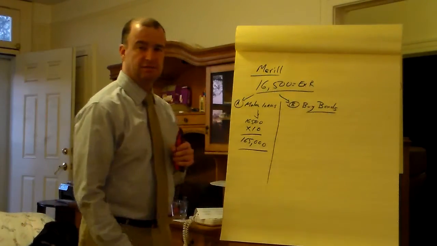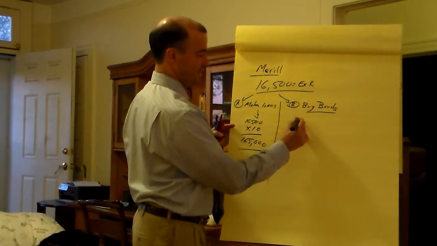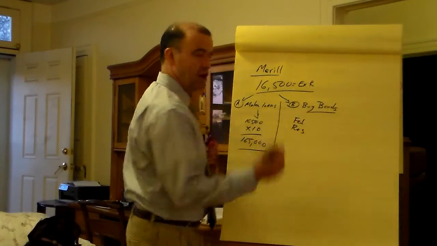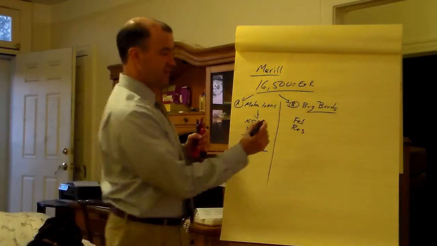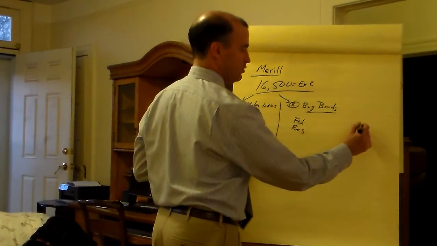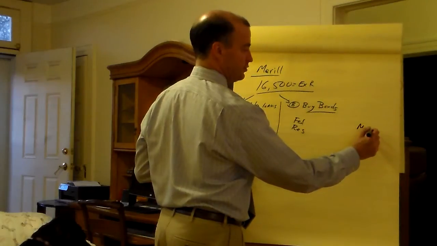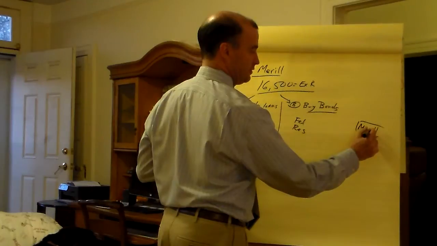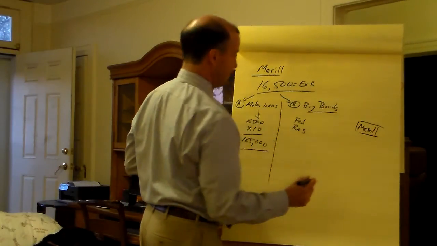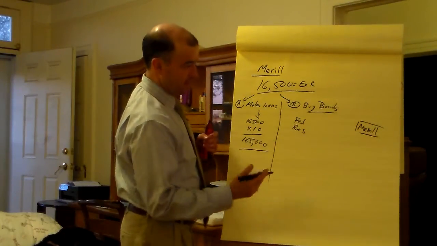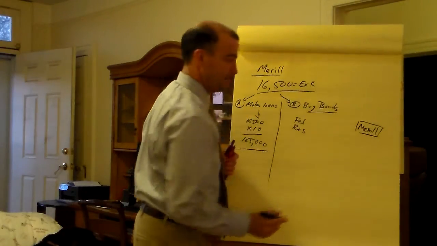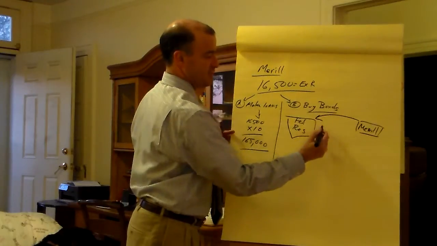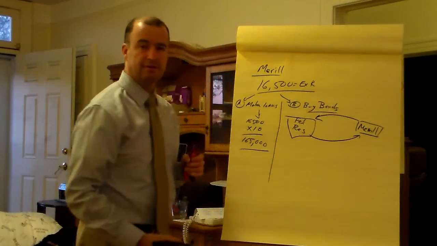What can she do with bonds? First of all, let's try to conceptualize or illustrate the exchange. Open market operations, again, involves the Federal Reserve and the commercial banks, the big commercial banks. Merrill's going to exchange something, the Fed's going to exchange something.